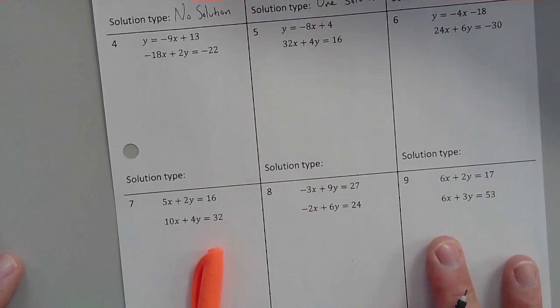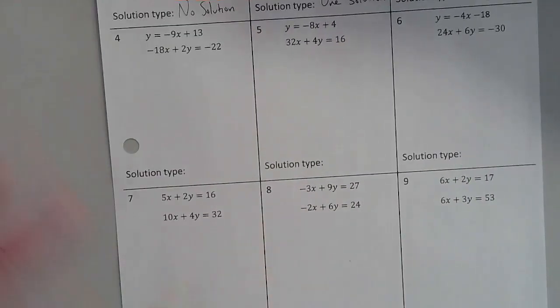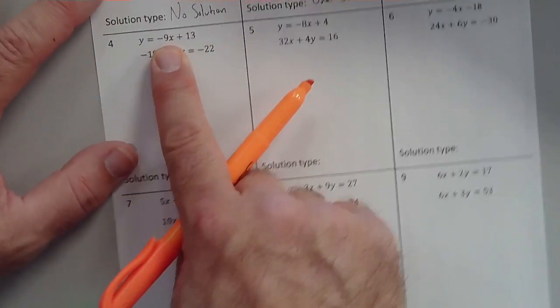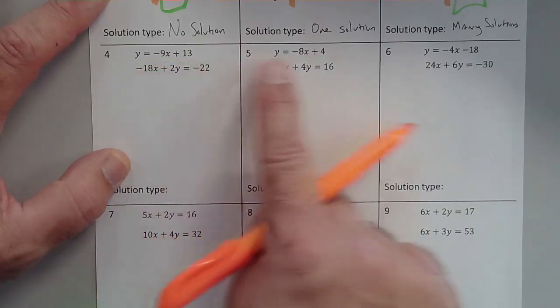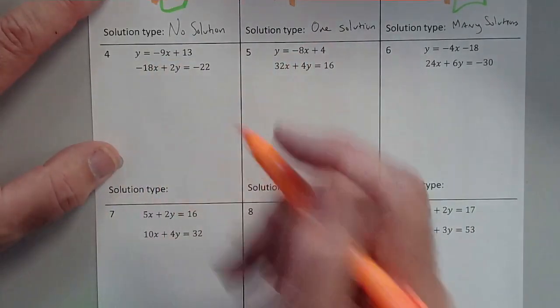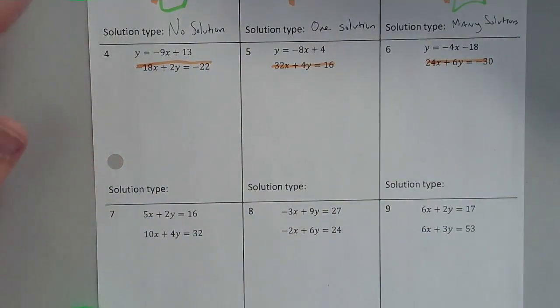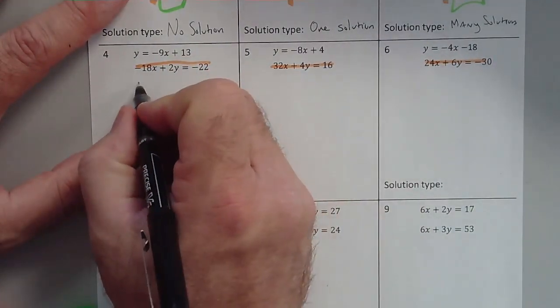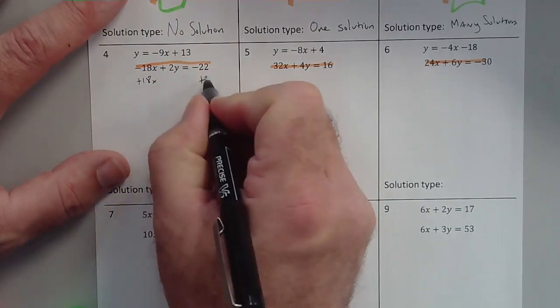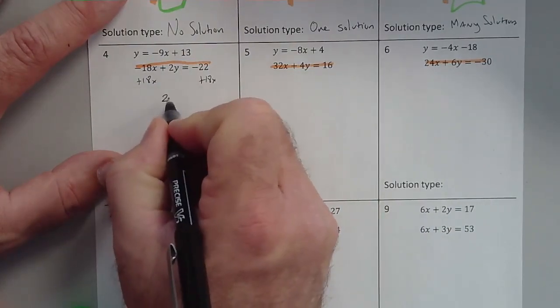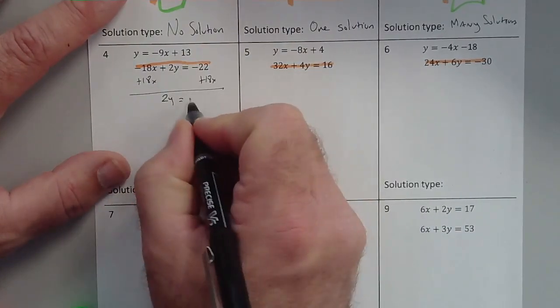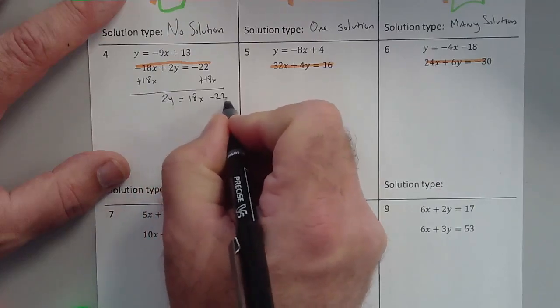All right, checking the next one here. We've got one equation that's in slope-intercept form, and one that isn't. So these, we have to turn into slope-intercept form first. I'm going to add 18x to both sides, and I get 2y equals 18x minus 22.